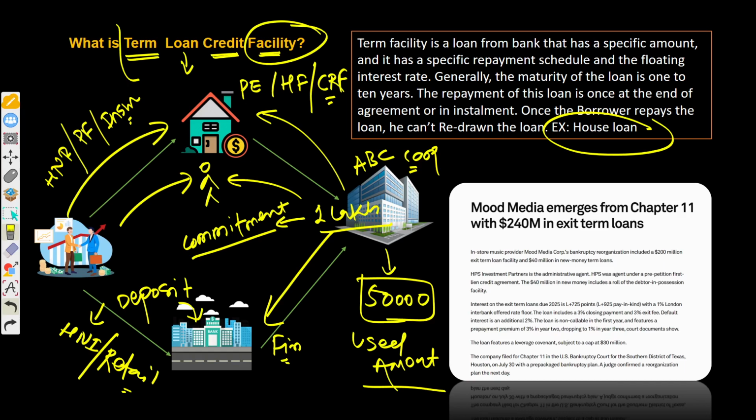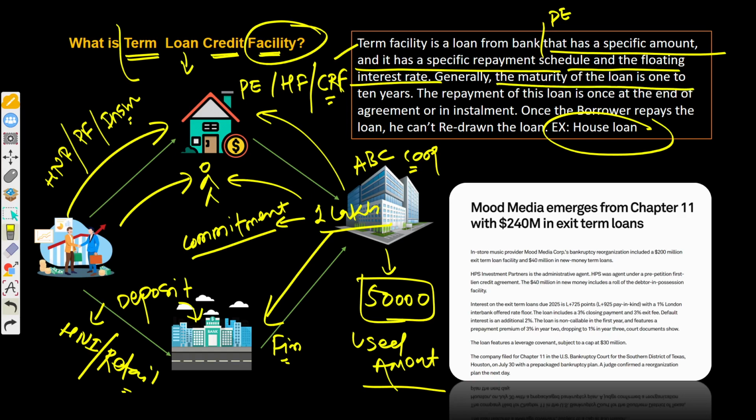But I hope now you got the idea about what a term loan facility is and all. So let's see the definition. A term loan facility is a loan from a bank or maybe a private equity fund or credit fund that has a specific amount, a specific repayment schedule and a floating interest rate.